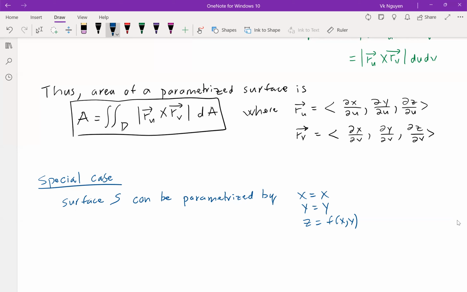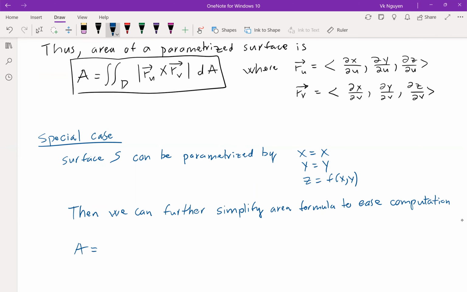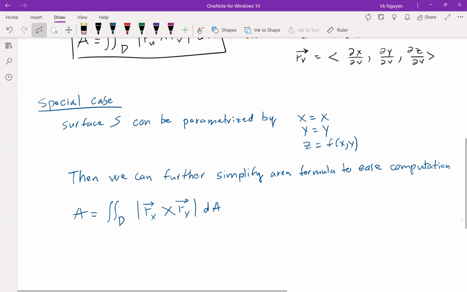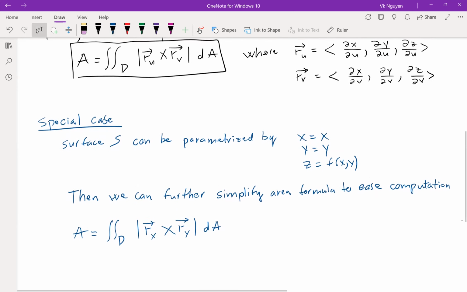We all know this thing here. If you can do this, that means you can actually simplify the area formula to make your life easy. Still a double integral over the region D, and then this one is all x, because you do x, y, cross all y, dA. So you just have to do the r_x cross r_y.